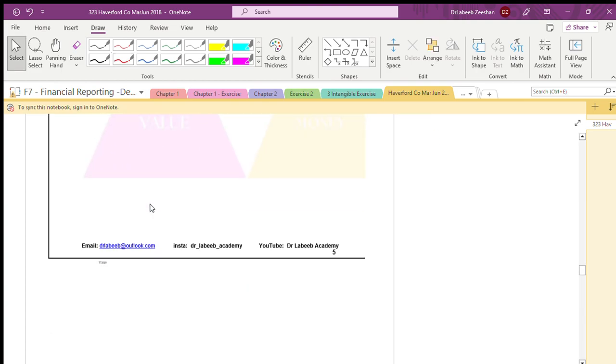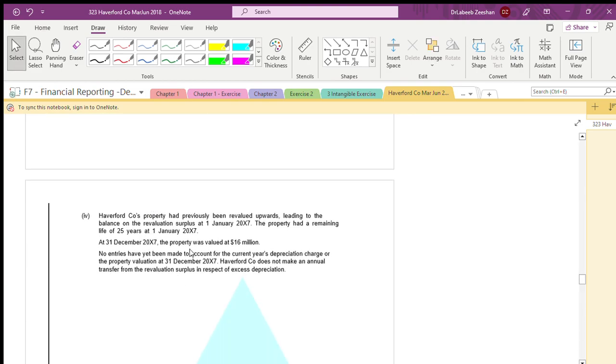Next, Haverford's property has been revalued upwards, leading to a balance of revaluation surplus. The property had a remaining life of 25 years. As on 31st December, the property will be valued at 16 million. We'll see what the carrying amount is and what the revaluation is.